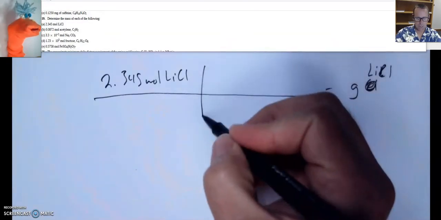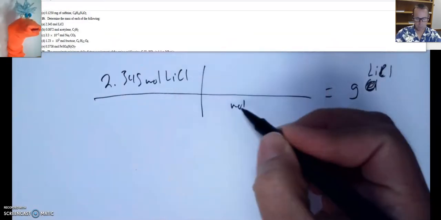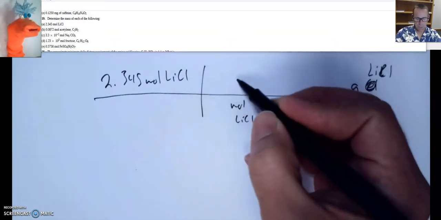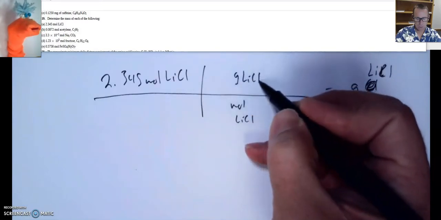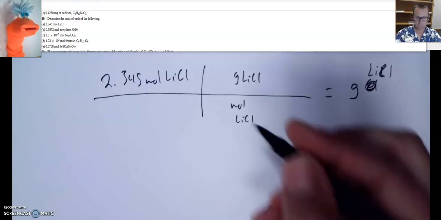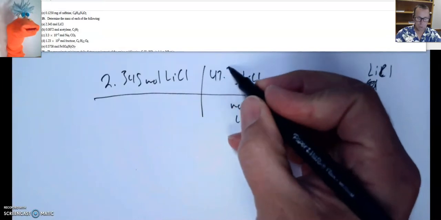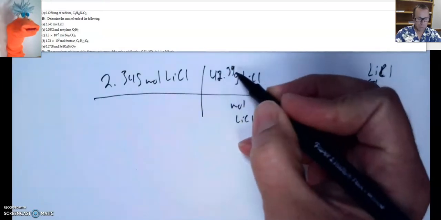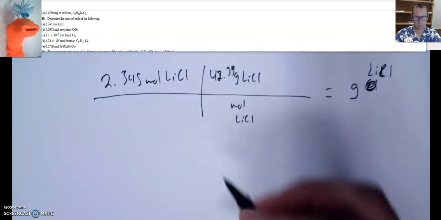So I can see that I need my moles on the bottom of lithium chloride, and I need grams of lithium chloride on top. This is what's called the molar mass. I'll search that on Google. Molar mass of lithium chloride. It's 42.39 grams of lithium chloride for every 1 mole.